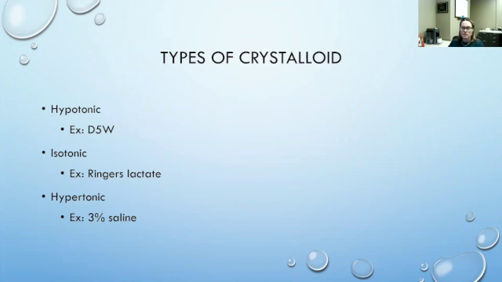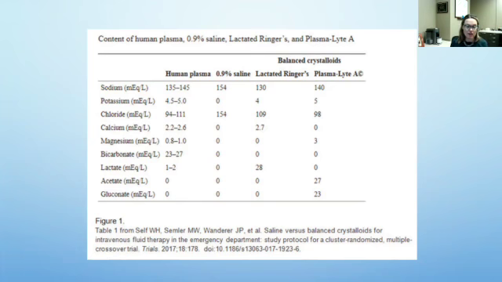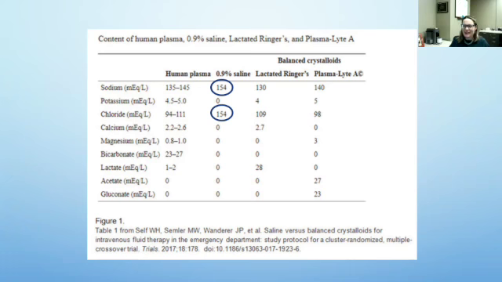So this is the makeup of our crystalloids, right? We have our plasma on the far side of the screen, and then we have saline, Ringer's, and then Plasma-Lyte. The thing I want to point out here is that with normal saline, if you have anything else, use anything else.